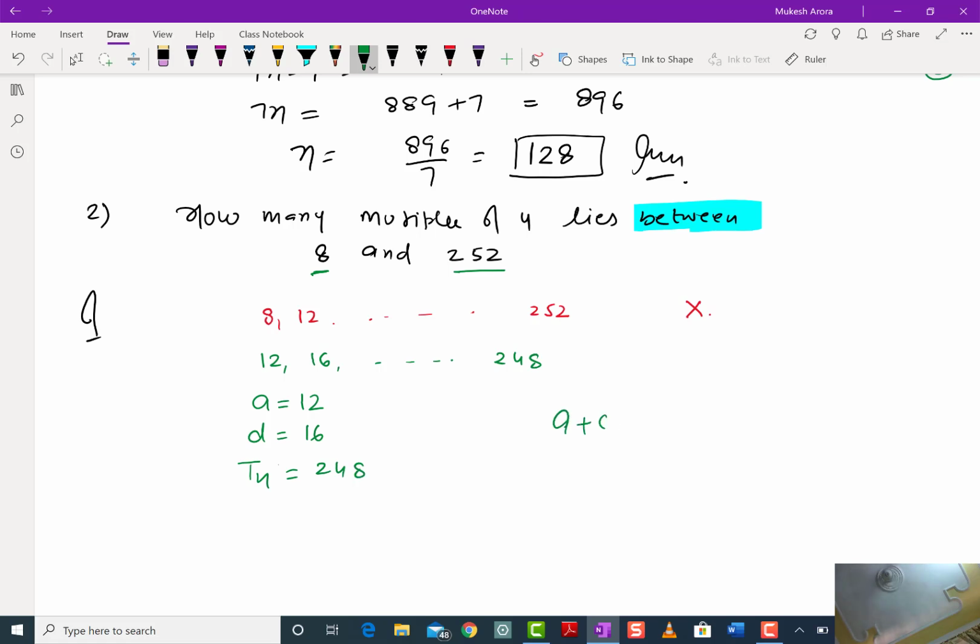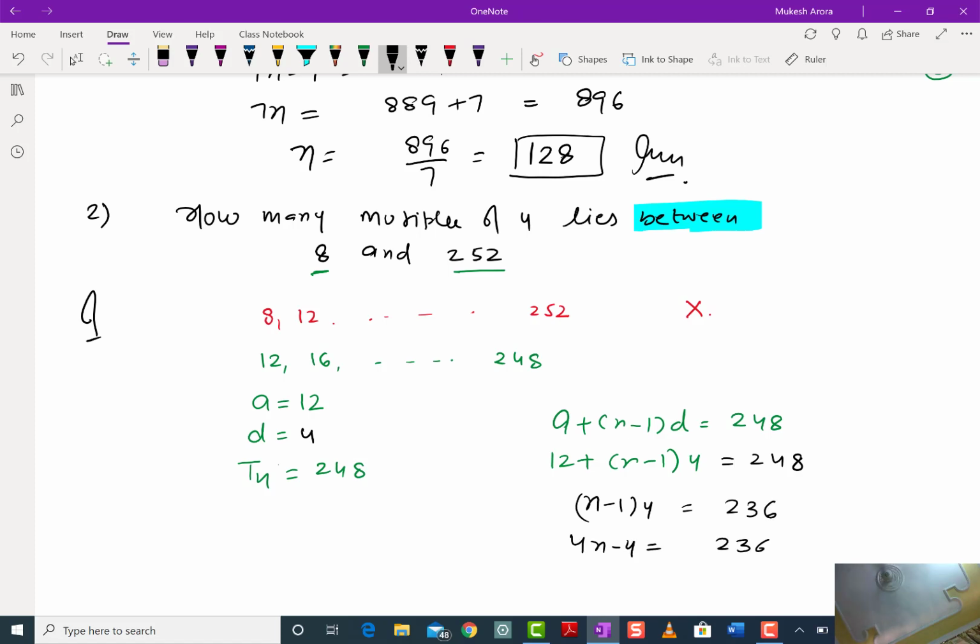So A plus (n minus 1)D is equal to 248. A is 12 plus (n minus 1), D is 4, and it is 248. (n minus 1) into 4, you will subtract, it will be 236. 4n minus 4 is equal to 236. 4n is equal to 240.